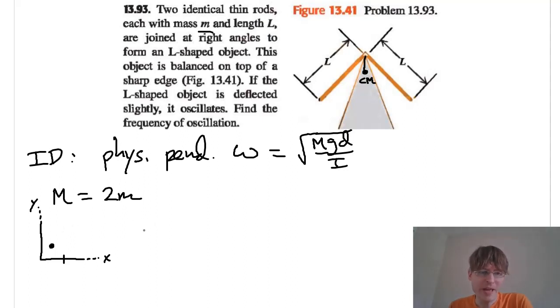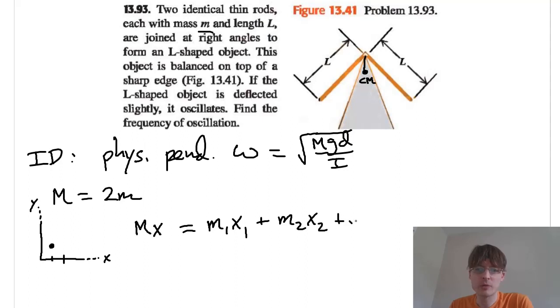To do center of mass, what you do is take the total mass of the object and you multiply by the location of the center of mass, which is here. I don't know, I'm just going to solve for that. So x is unknown at this point. It's equal to the mass of each part multiplied by the position of each part, plus the mass of the second part times the position of the second part, and so on.